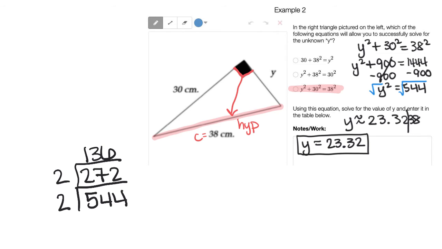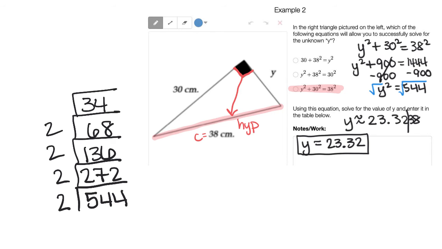I can divide by 2 again to get 68. Again gives me 34. Again gives me 17. And then my last step, I can divide by 17.